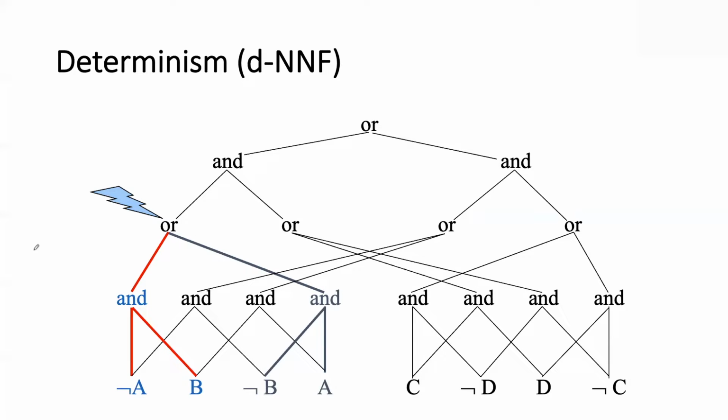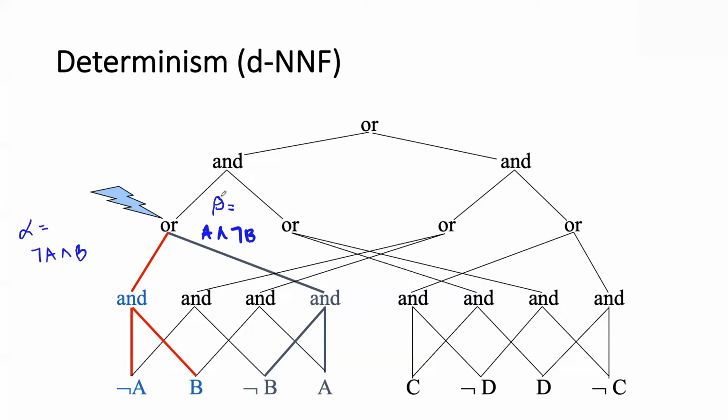It represents not A and B. And if you look at the other subcircuit, and you will find that this is A and not B, right? So if we call this alpha and we call this beta, what's the relationship between alpha and beta? They're mutually exclusive, all right? And that's what we need in this property. If you take an OR gate and you look at any 2 inputs, they should be mutually exclusive.